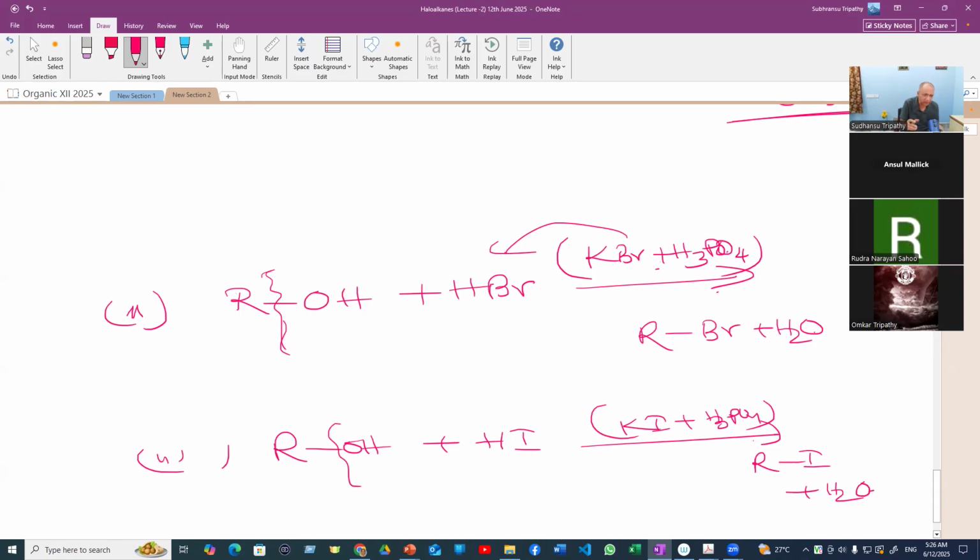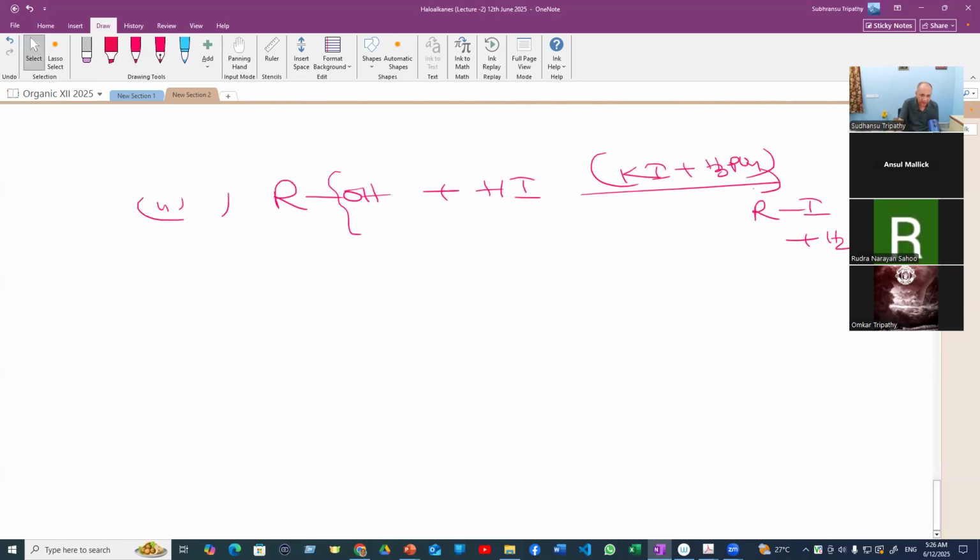But don't forget, if it is acid and if there is enough branch in the adjacent position, it will go for rearranged products. The other method of getting alkyl halide from alcohol is with PCl3, PBr3, PI3.